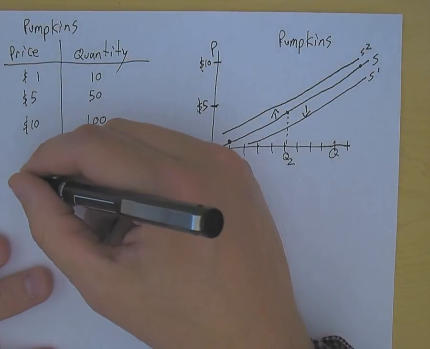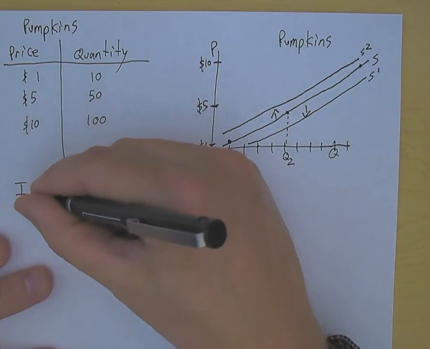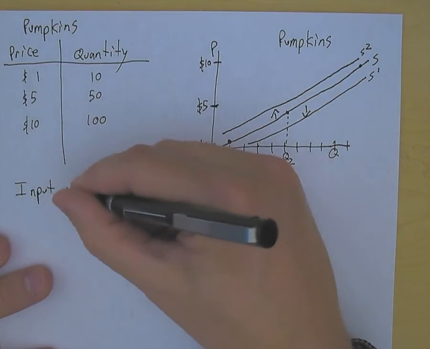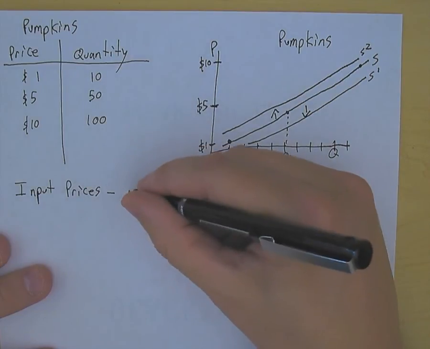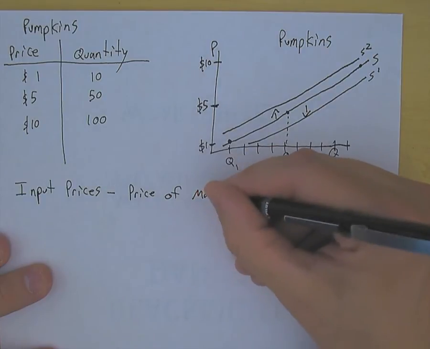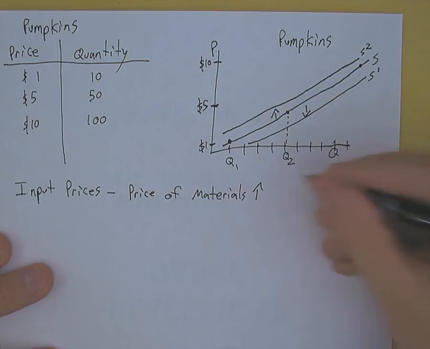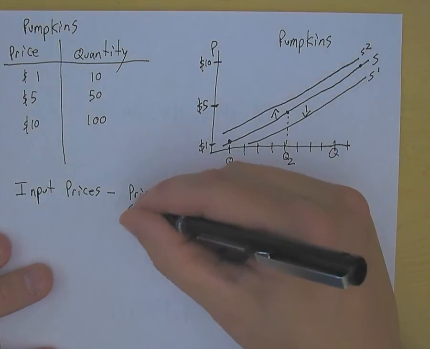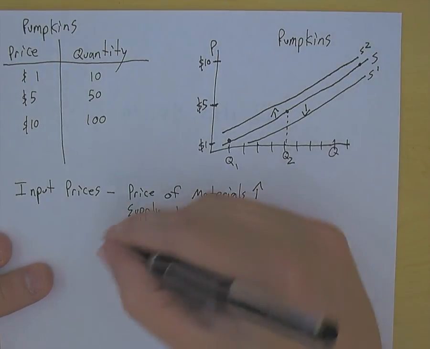And there are 4 things that cause this to shift. The first is input prices. Price of materials increases, supply will decrease.